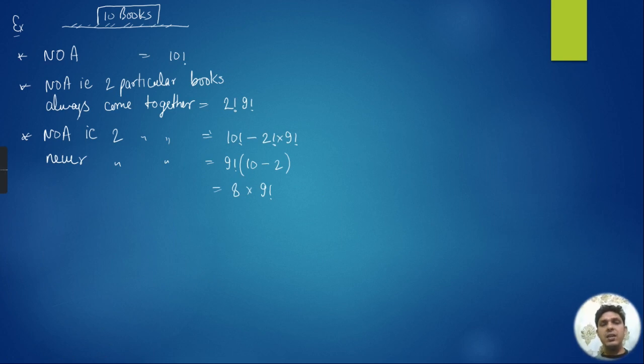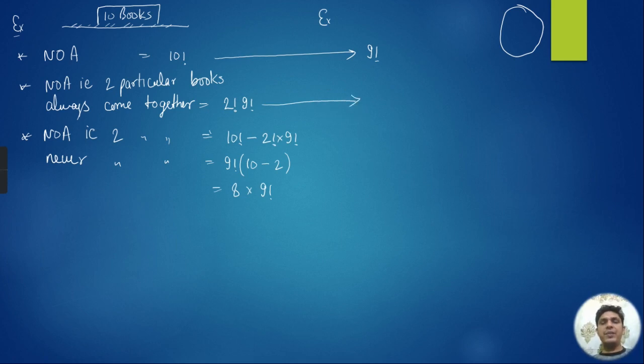Now I say that in example number 2, circular base, in a circle there are 10 books placed. So my first question is same as the number of arrangement. So students, as we are arranging in a circle, so number of arrangement will be 10 minus 1 factorial, that is 9 factorial, right?